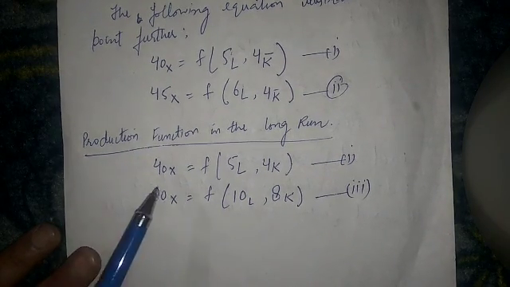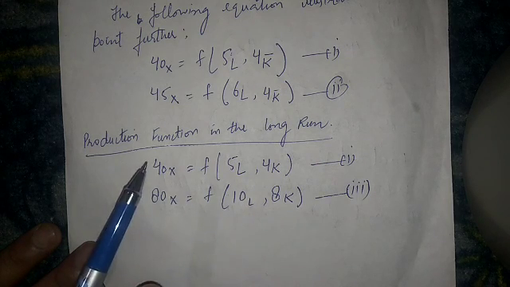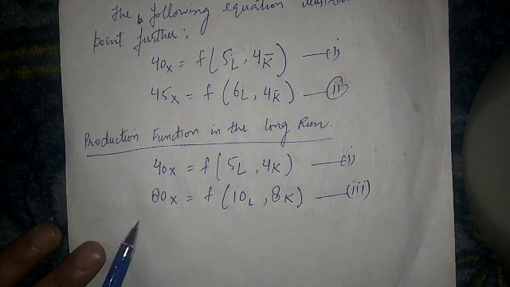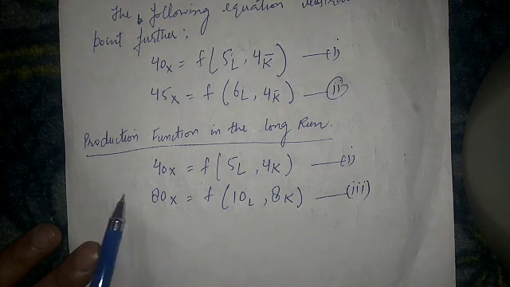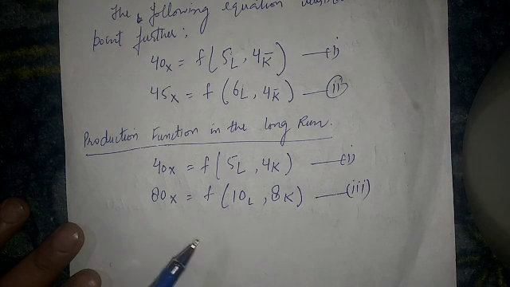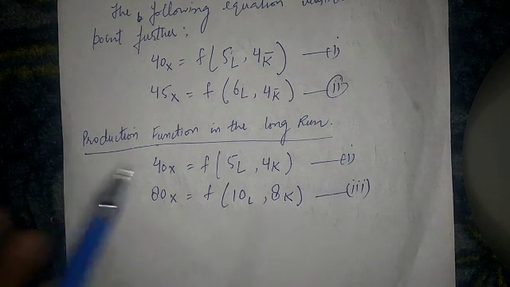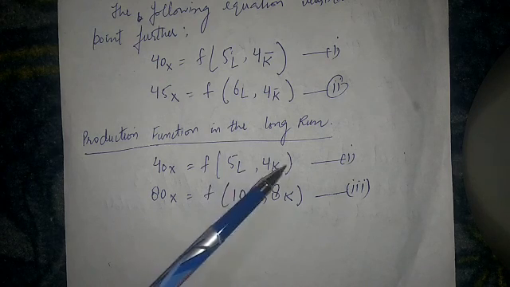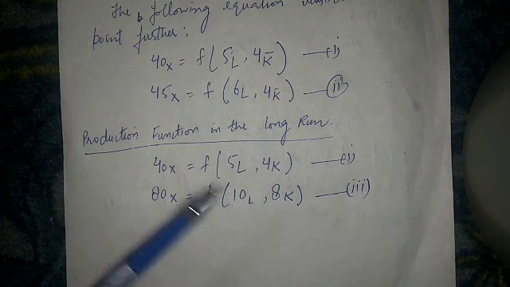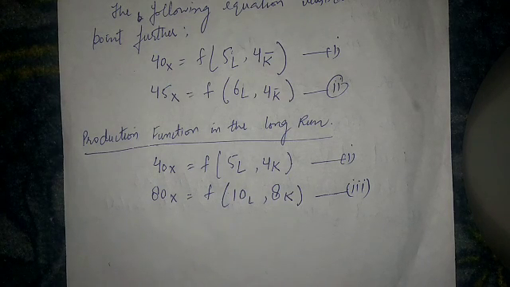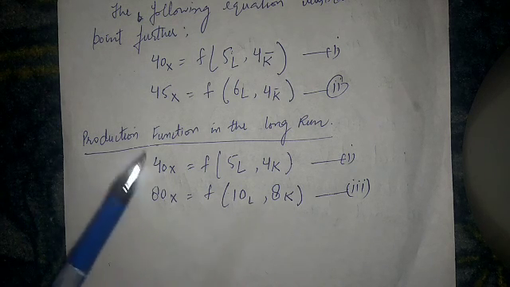So implying that output is doubled from 40x to 80x when all factor inputs, labor and capital, are doubled. You see, from 5L to 10L and from 4K to 8K. So such a production function is long period production function. This is also called constant proportion type of production function.